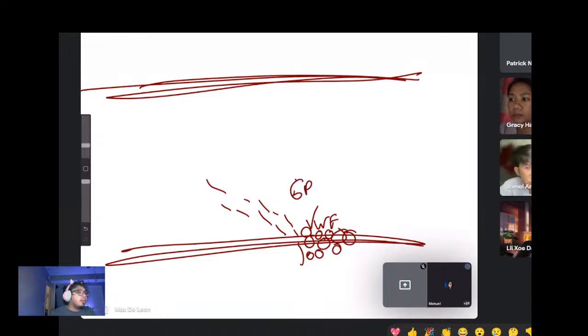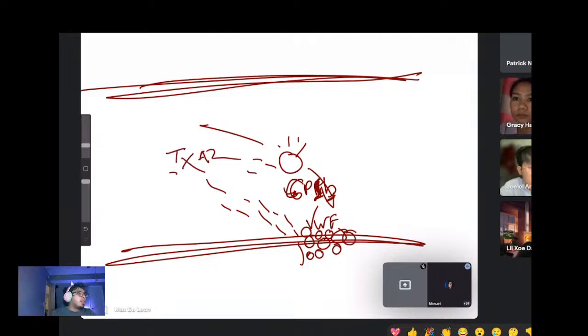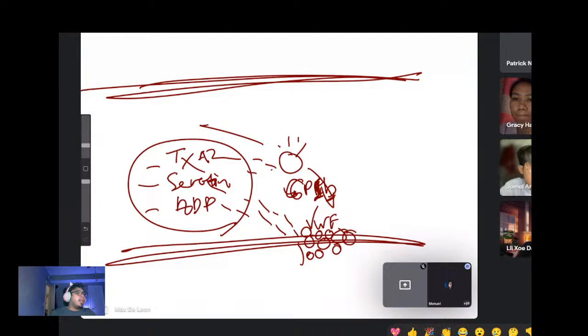The platelets will bind here, through GP1B. GP1B causes the binding, and the platelets will release three things: thromboxane A2, serotonin, and ADP. These three things are released by the platelets.